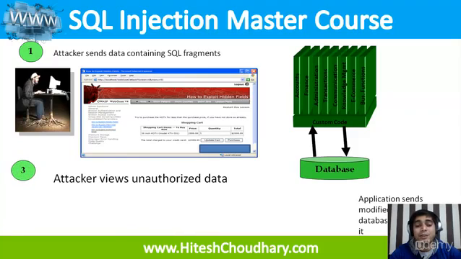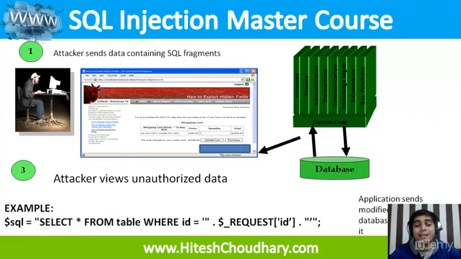Finally the attacker views the unauthorized data via these kinds of queries, like SELECT * FROM table_name WHERE ID equals something. So this is the basics of how SQL injection works and how this false sense of security plays out. SQL injection cannot be prevented by firewalls, IDS, or SSL.